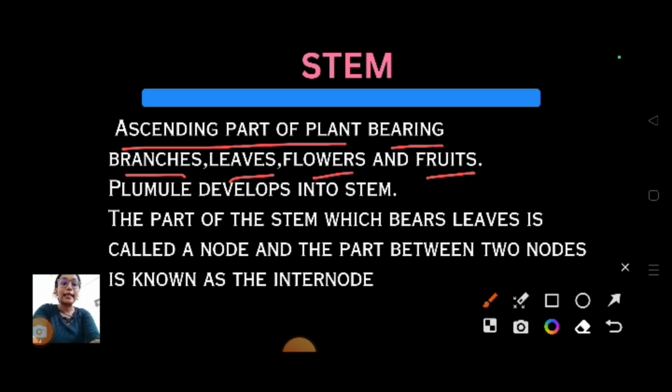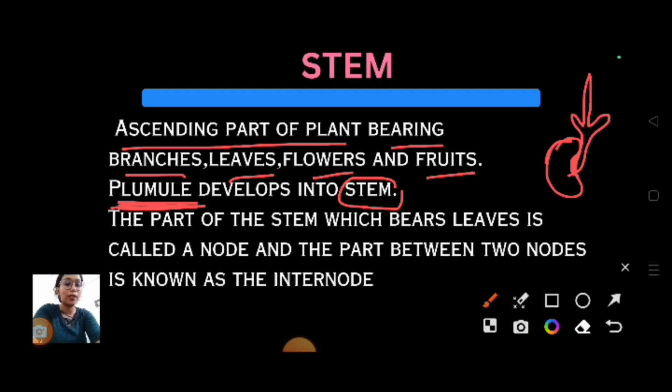Then from where is the stem arising? The stem arises from a structure called the plumule. Suppose this is a seed. When the seed germinates, it will give rise to a stem. This baby stem comes from a structure called the plumule.